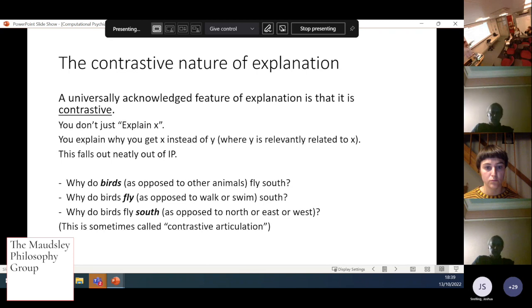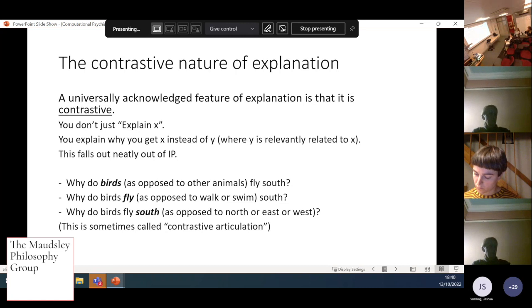Why do birds fly as opposed to walk or swim south? Why do birds fly south as opposed to north or east or west? That's clearly what the emphasis is getting at. This is sometimes called a contrastive articulation, and explanation just doesn't work without contrastive articulation.